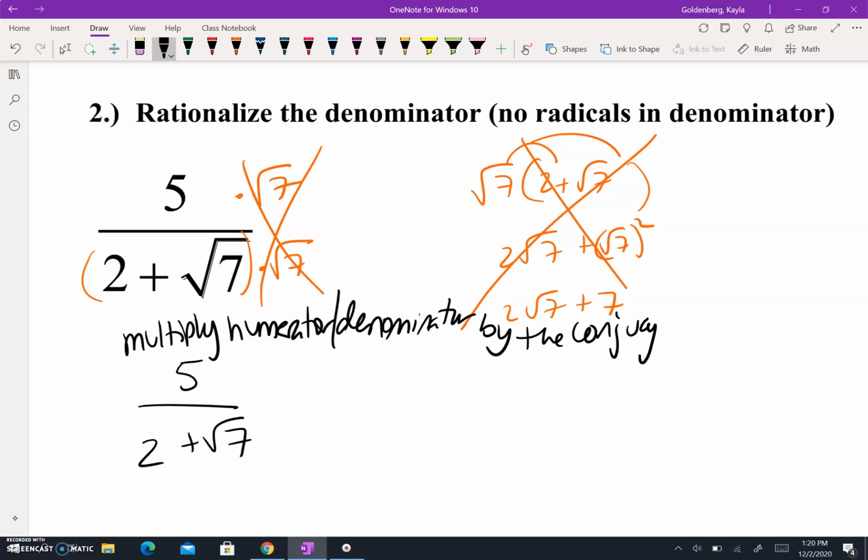It's a new vocab word. So the conjugate of 2 plus root 7 is going to be 2 minus root 7. Notice the conjugate has the same pieces or components. You just change the sign in between.